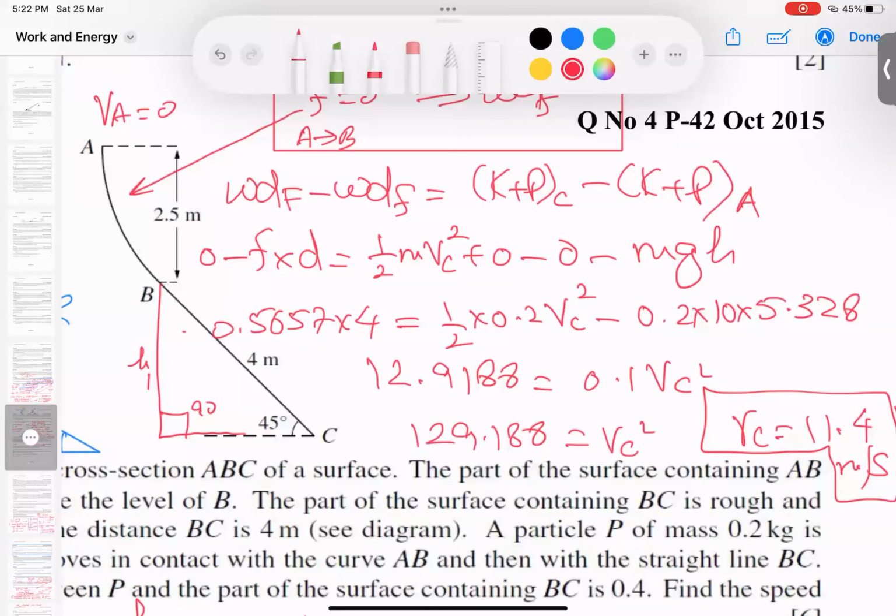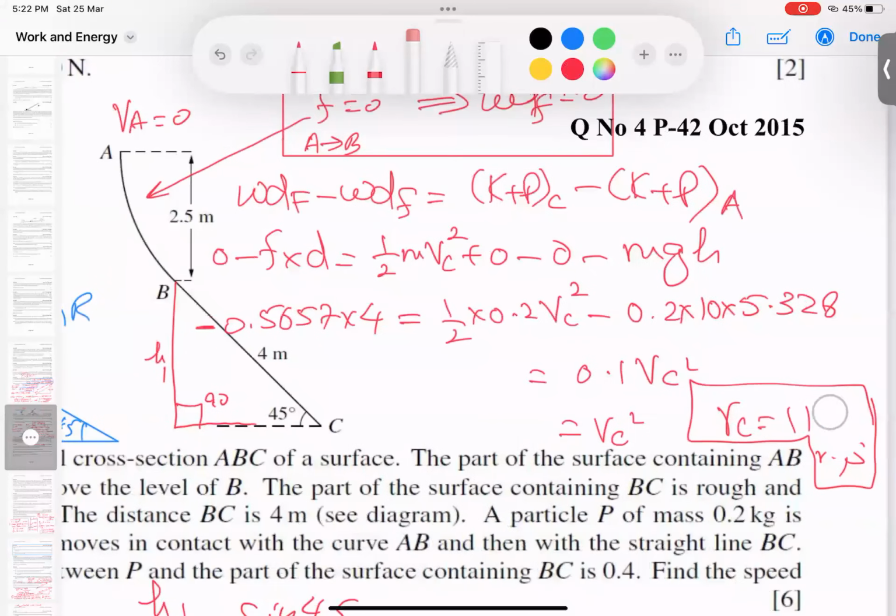Yes, still there is a negative sign here. Yeah, I missed this negative sign. Correct. Thank you. And this will come, yes, the reason is very clear. This is a, and this is a, so the rest is okay. And now I make the correction.